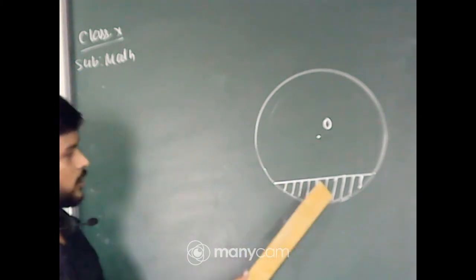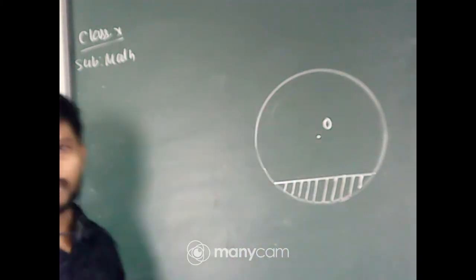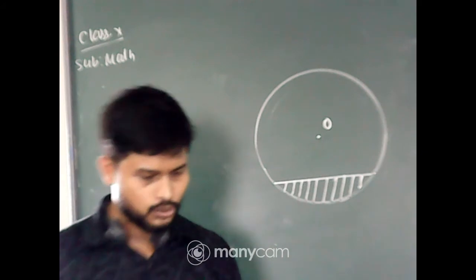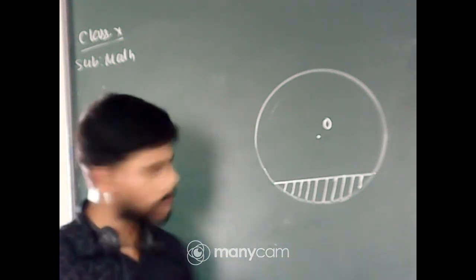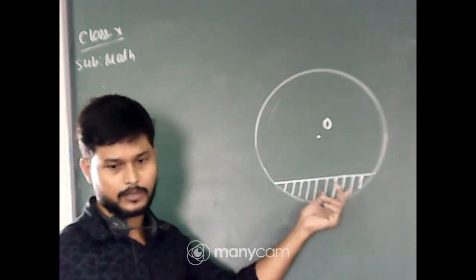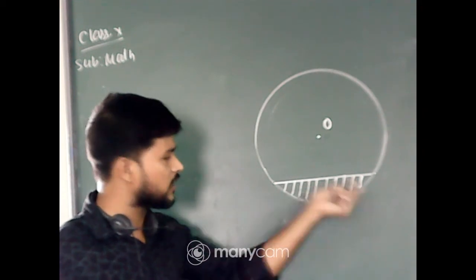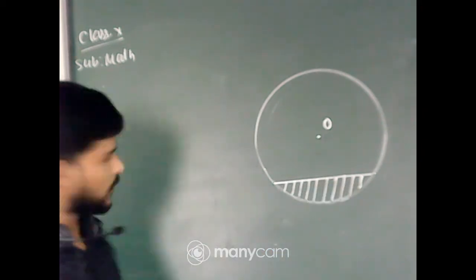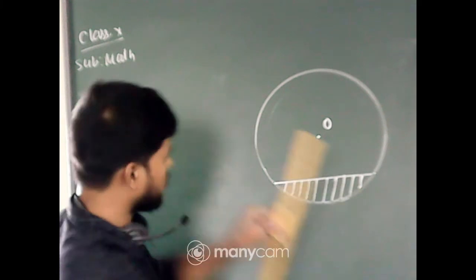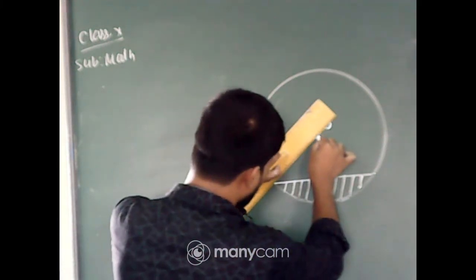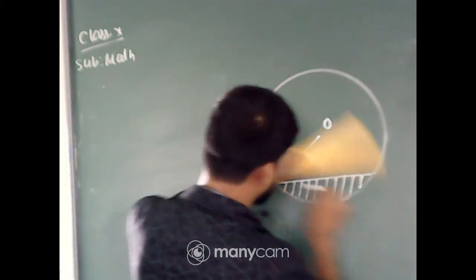This is the minor segment and this portion is the major segment. So now we want to find what will be the area of this minor segment. What will be the area of this shaded region? How to find it? If the central angle made by this chord is theta.